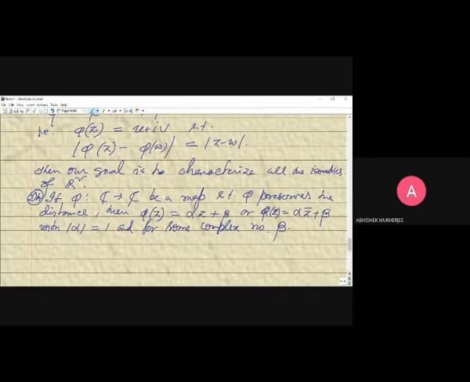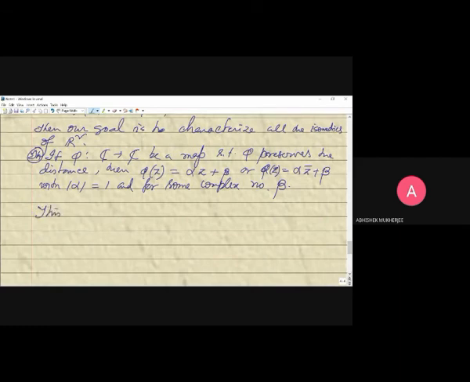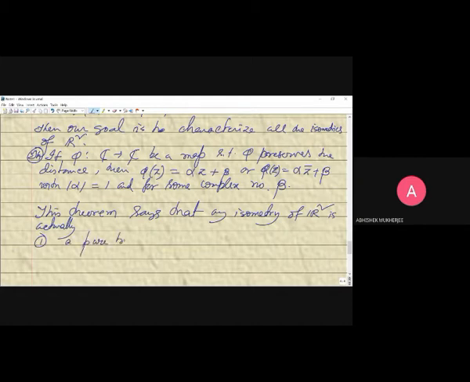So this theorem says that any isometry of R2 is actually, number one, either a pure translation, that means z goes to z plus beta, where alpha is 1, right?